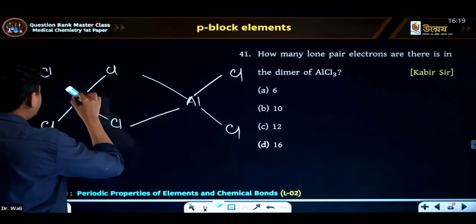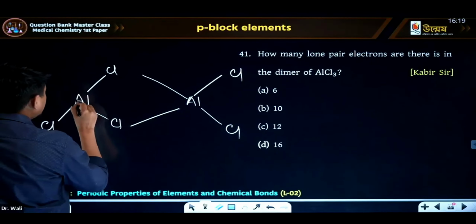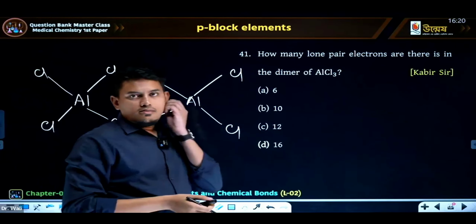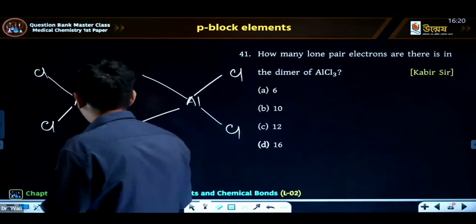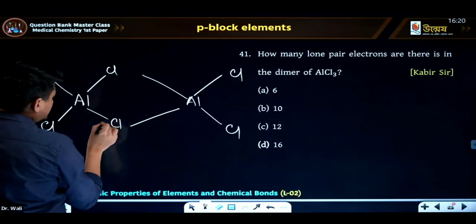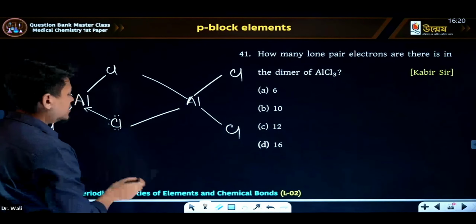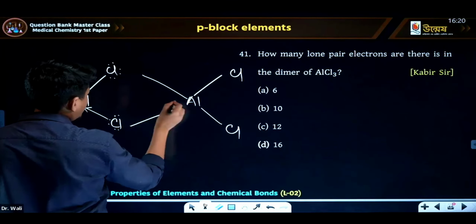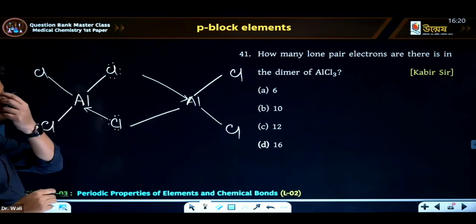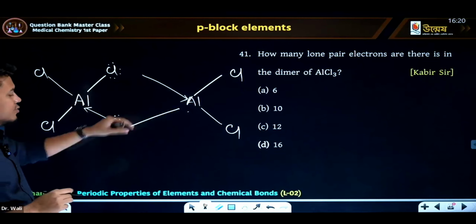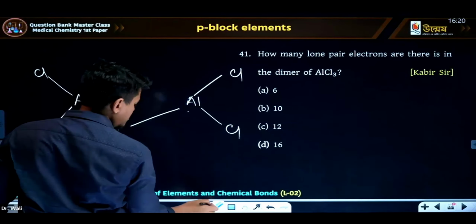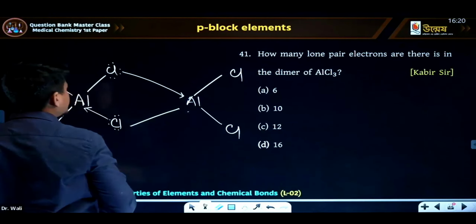Okay, actually it will not be an arrow, it will look like this way. Now which will be the coordinate bond? If we look at this, then you will find that this chlorine atom will provide aluminium the lone pair electron. Again, this chlorine atom will provide the aluminium of this molecule the lone pair electron. We can write it down in this way.